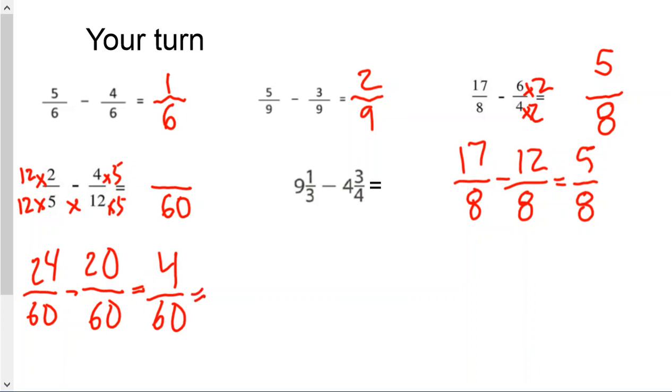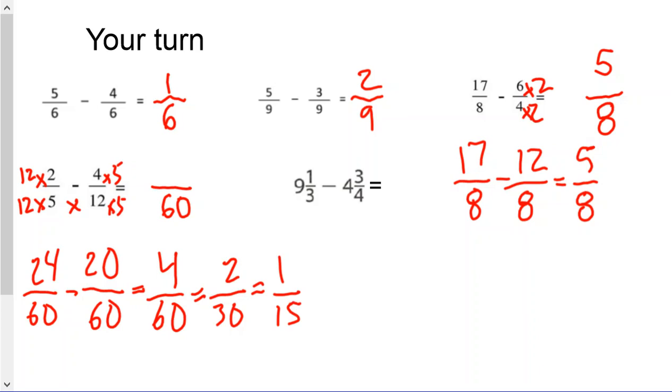Okay, now we can simplify. I know that both these are even numbers, so we can divide by 2. So 4 divided by 2 is 2, and 60 divided by 2 is 30. Well, we got even numbers again, so we can divide by 2 again. 2 divided by 2 is 1. 30 divided by 2 is 15.